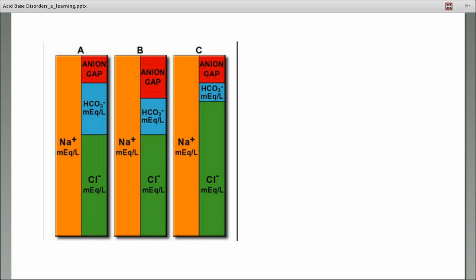Metabolic disorders, on the other hand, cannot be interpreted by this very simple bicarbonate-centered approach, as you always have to rely, when analyzing metabolic disorders, on other minerals or other electrically active compounds that you have in your plasma. So we'll get back to these Gamble plots or diagrams that show us what the negative and positive charges in plasma are.